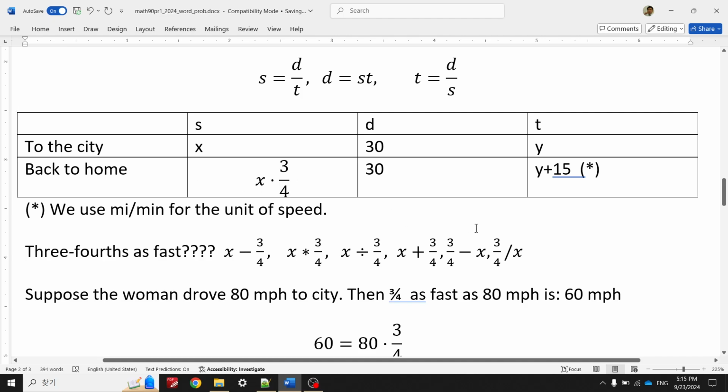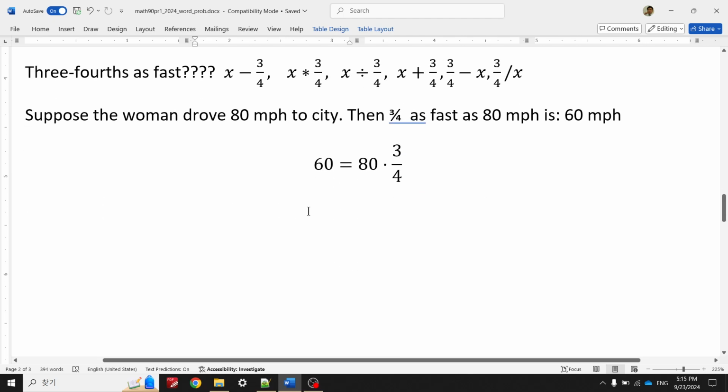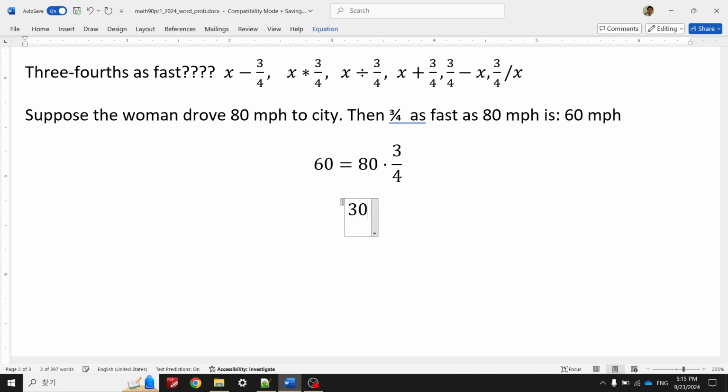Now what do we do? We apply this middle one, right? Distance equals speed times time. So what is that? 30 is equal to x times y. So you have 30 equals x times y.